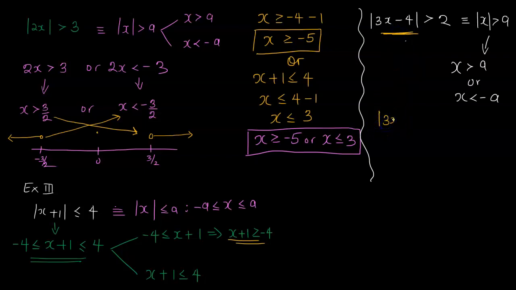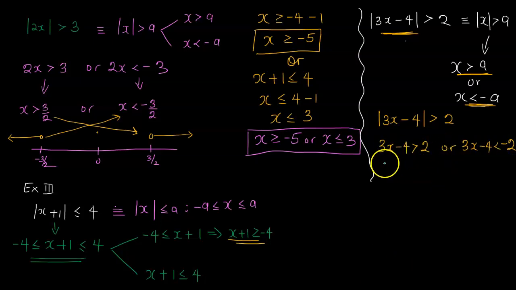So it means that the absolute value of 3x minus 4 greater than 2 would be 3x minus 4 greater than 2, or this second one, 3x minus 4 less than negative 2. So we are going to solve each one in turn.